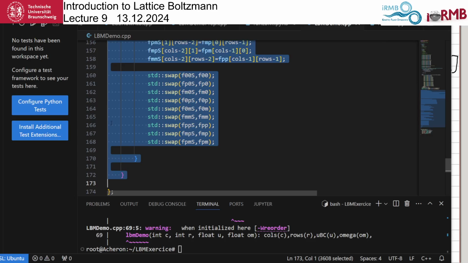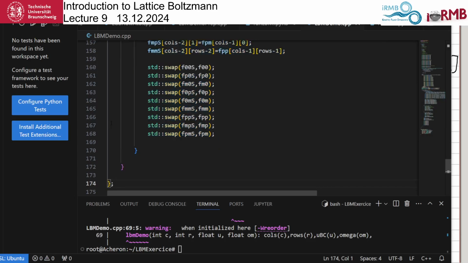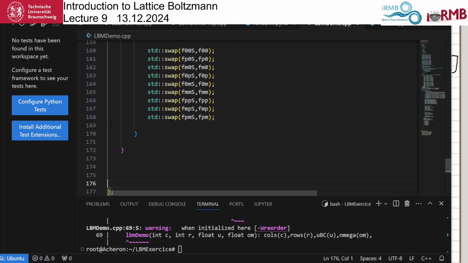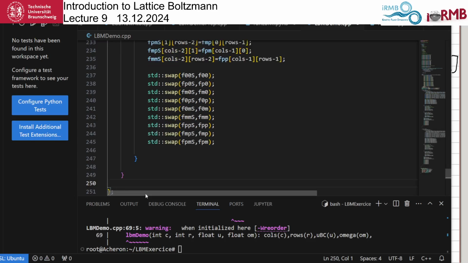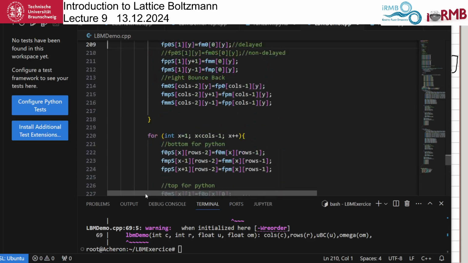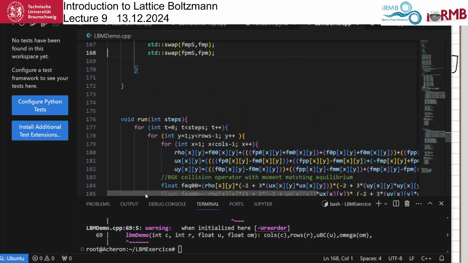Okay, yeah, so I'll copy this entire function, put it here, where is this not, okay, I put it here, and then I will rename the copy as run MRT, yeah?